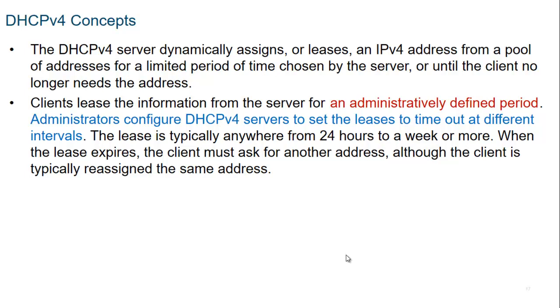Administrators configure DHCP version 4 servers to set the leases to time out at different intervals. The lease is typically anywhere from 24 hours to a week or more. When the lease expires, the client must ask for another address, although the client is typically reassigned the same address.